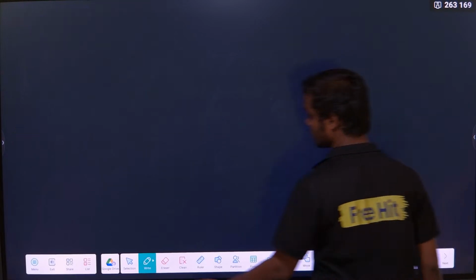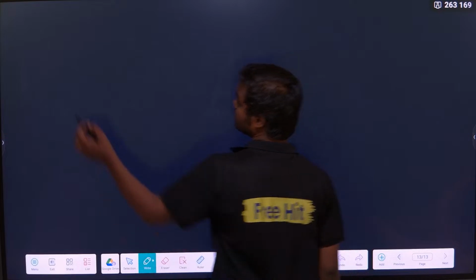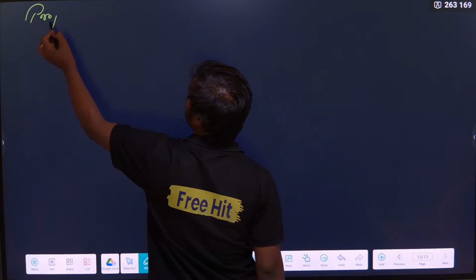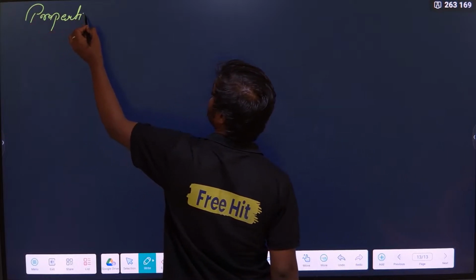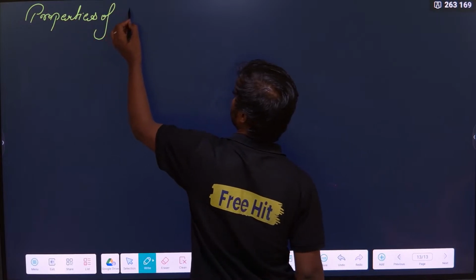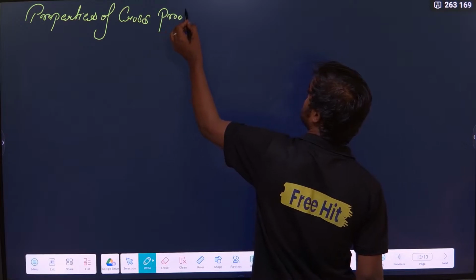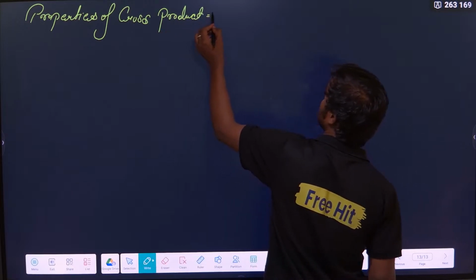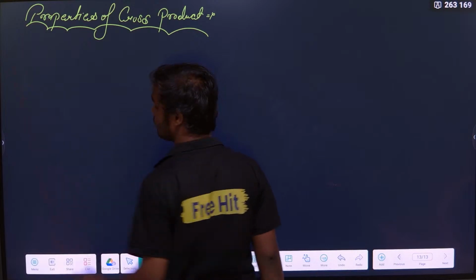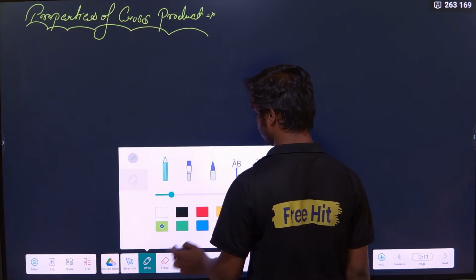Similarly, we have properties of cross product also. Now what are the properties of cross product?